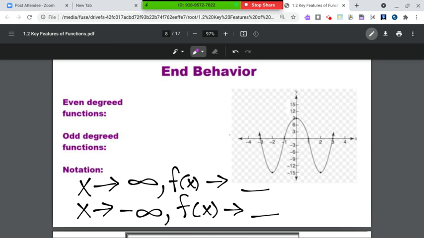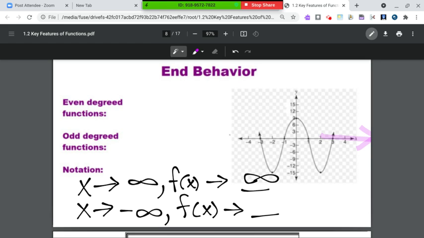As x approaches positive infinity, which is here, where are your y values approaching? Look at the end of the graph. Where is it heading? Positive infinity. And look at the other side. As x approaches negative infinity, where's y approaching?